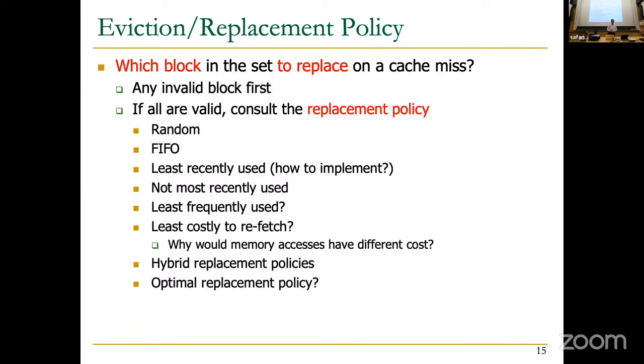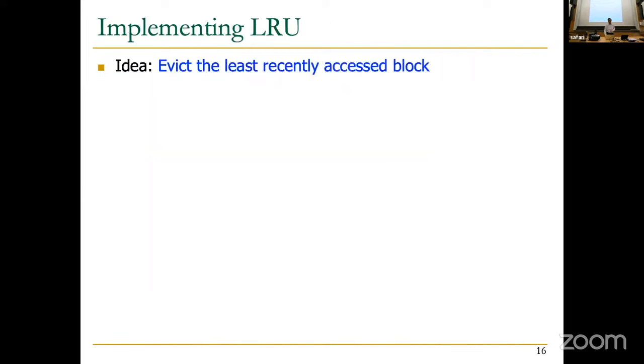And then the question is, of course, what is an optimal replacement policy? People have tried to figure this out. This is very hard to define because there are many metrics, right? What are you looking for in terms of optimal? If it's about hit rate, maximizing the hit rate, there's an optimal that we will define. But it's not just about the hit rate, it's also the cost. So the optimal is very, very difficult to define in this case. Okay, any questions?